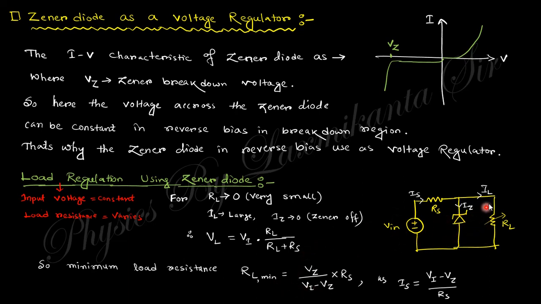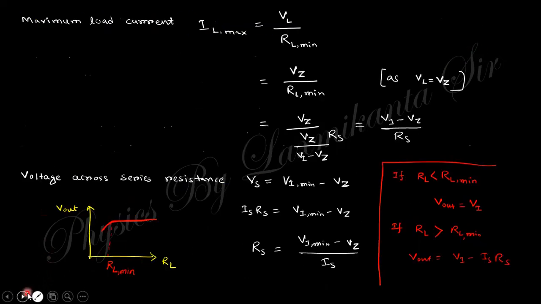So the voltage across the series resistance is Vi minus Vz, sorry, Vi minus Vz, divided by Rs, this is the current, because the voltage across these two terminals is the Zener voltage. So finally you will get this value of Is, that is the current through this series resistance.